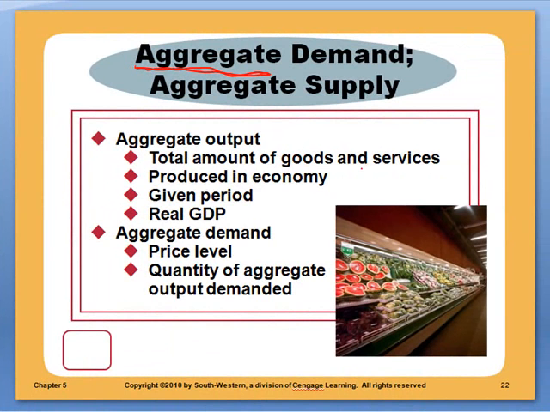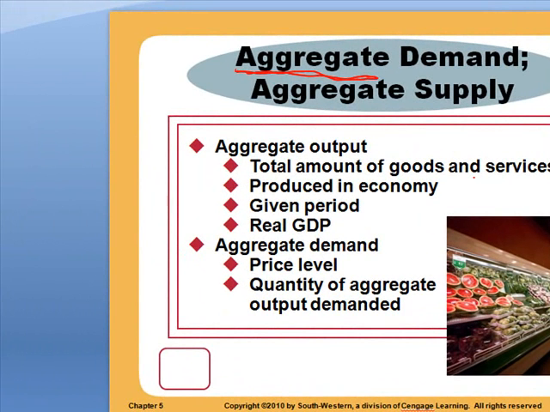This aggregate output, these total amounts of goods and services that are produced in an economy for a particular year, are represented by something known as GDP. Now, when you hear the terminology real GDP, what this means is it's been adjusted for inflation.